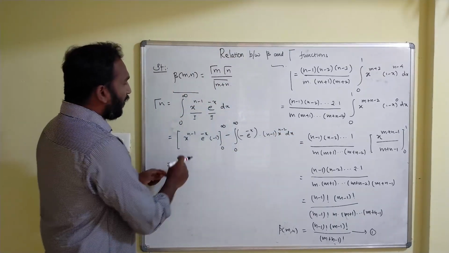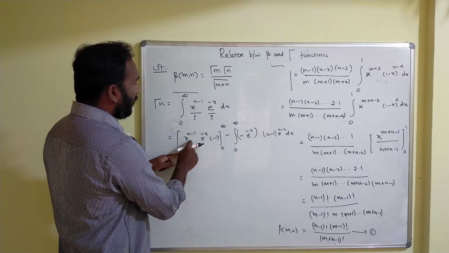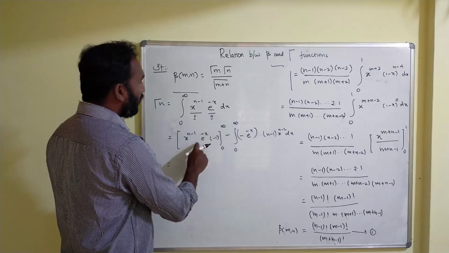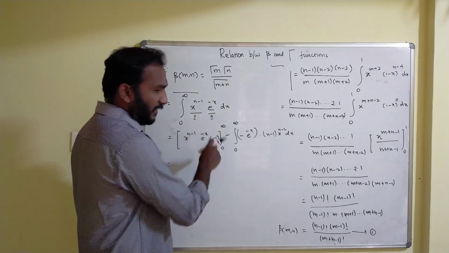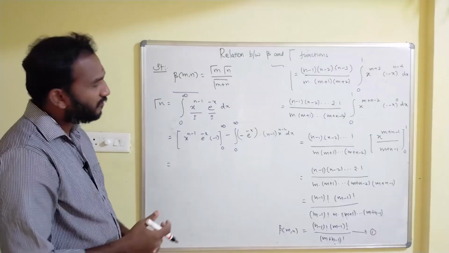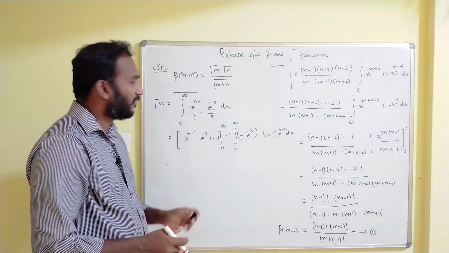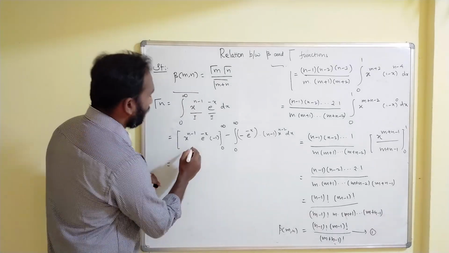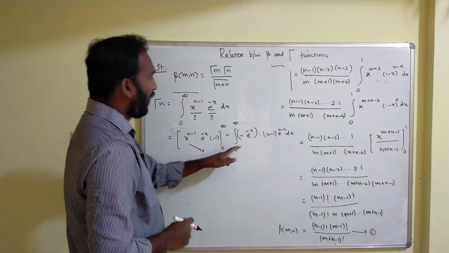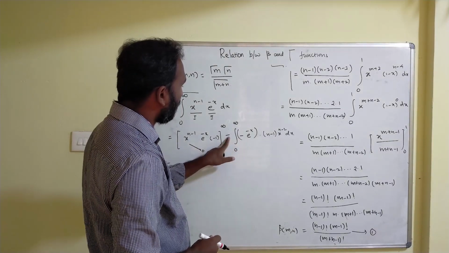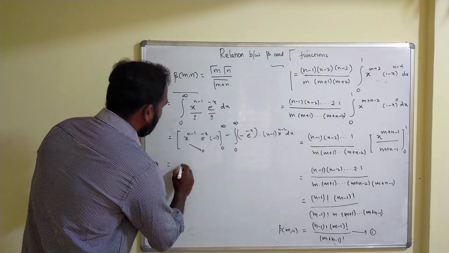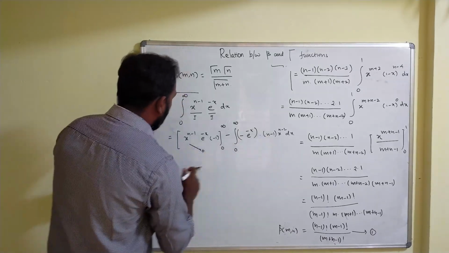Now if you substitute the 0 value, this term will become 0. If you go to infinity, this is also again 0. If you want, you can verify by using the L'Hospital rule. So this term will become 0, right? And again we have minus times minus, so this will become positive, and the constant here we have is n minus 1.